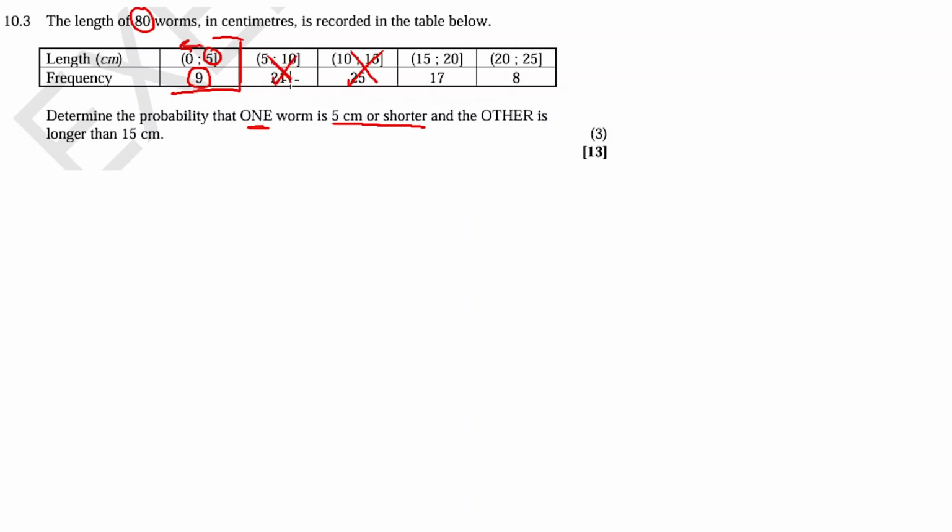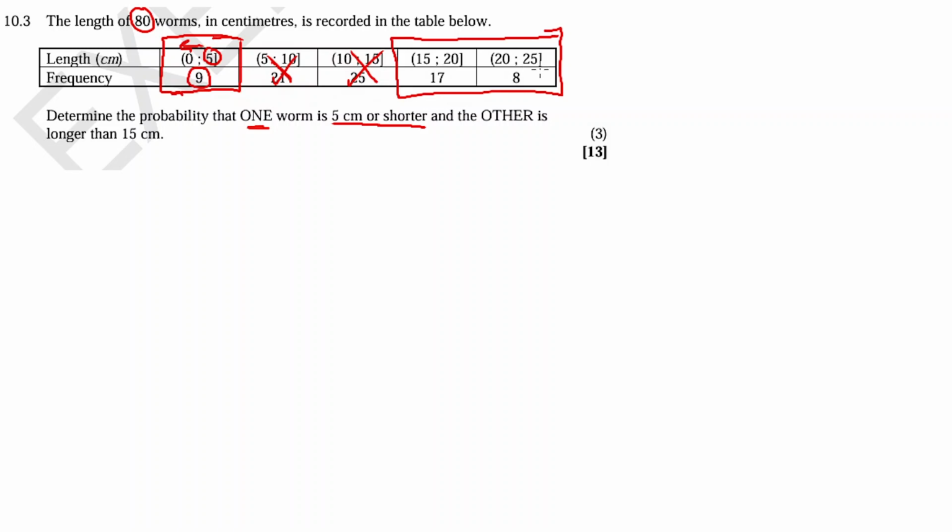Even this one we scratch it out. They don't fall in either of these two categories. 5 centimeters or shorter, it's this. And the other is longer than 15, it's these two blocks. 15 to 20, I'm longer than 15. 20 to 25, I'm still longer than 15.